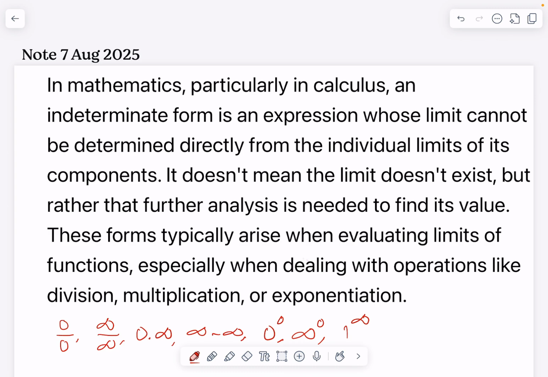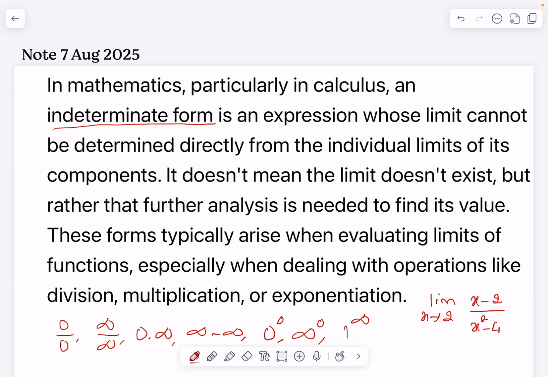See the indeterminate form. So in mathematics, particularly in calculus, an indeterminate form is an expression whose limit cannot be determined directly from the individual limits of its components, like limit x tends to 2, x minus 2 divided by x square minus 4.